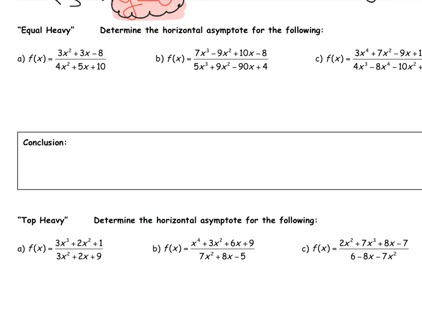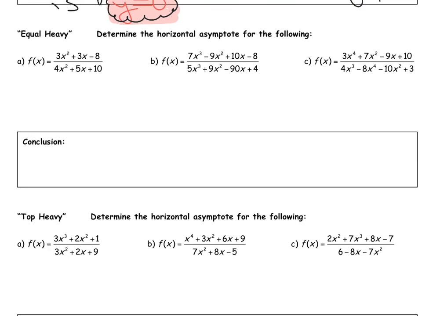As I had mentioned before, equal heavy is when the leading degree in the numerator is the same as the degree in the denominator, and let's make sure that is the case. If we look at the first example, the highest degree is 2, and in the denominator, the highest degree is a 2. So to figure out the horizontal asymptote, we take the ratio of the leading coefficients.